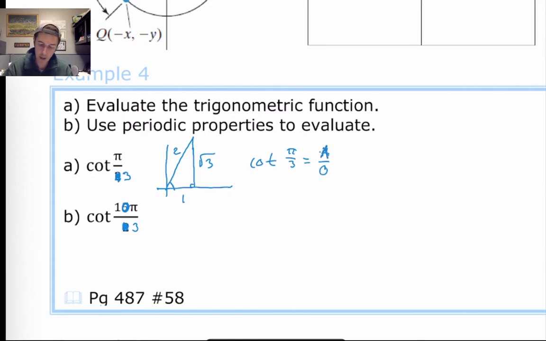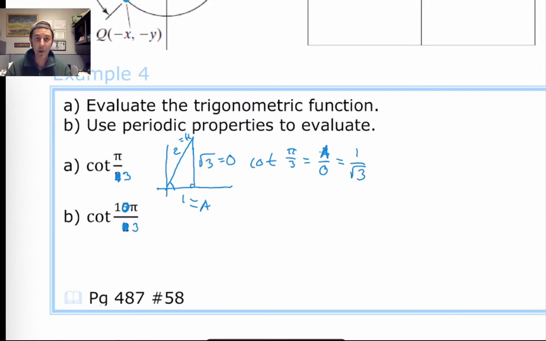Better make that look like an A. There we go. And the adjacent side length is the one that's next to my reference angle. The opposite side length is across from my reference angle. The hypotenuse is the hypotenuse. So A is a 1, and O is the square root of 3.